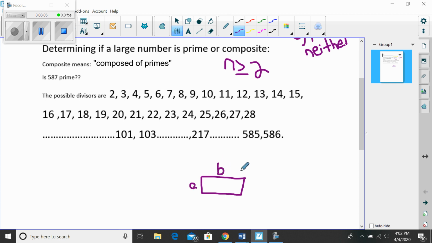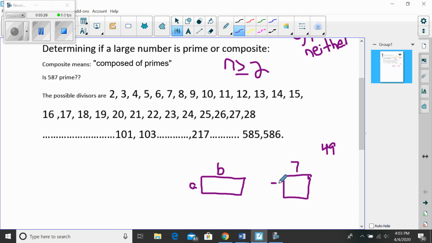So every factor has a partner, because how could I make a rectangle without a length and a width? It wouldn't be possible. A number might only have one divisor other than itself, for example the number 79, where the only number that divides 79 besides 1 and itself is 7.